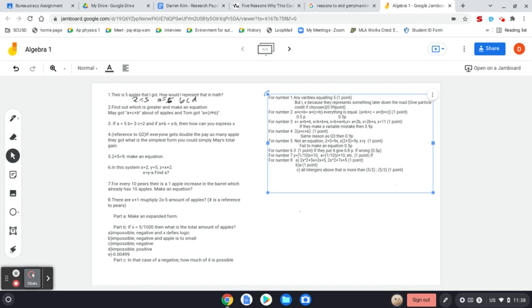So if wrong, sure, why not, 0.5p, if wrong within reason. I don't know if I should put that there. So just dock them 0.5. That's good enough.